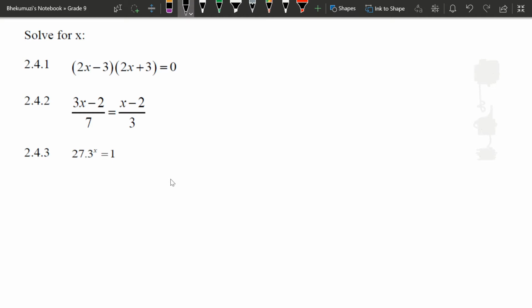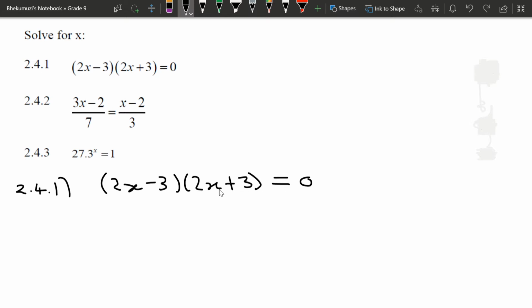So the first one is 2.4.1. Basically, 2.4.1 says (2x minus 3) multiplied by (2x plus 3) is equal to 0. Now remember what we actually associate this type of equation with.